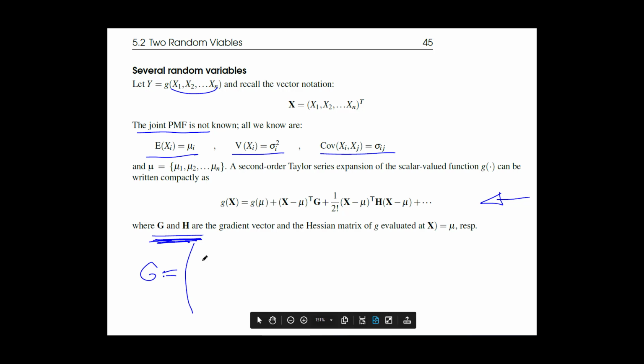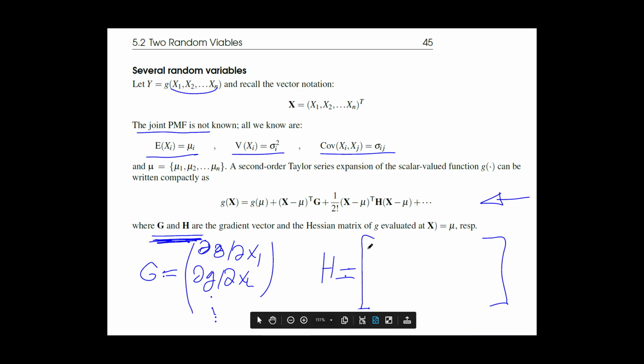G is going to be a vector, so here you're going to have all the partial derivatives, dg/dx1, dg/dx2, etc. And the Hessian is a big matrix.